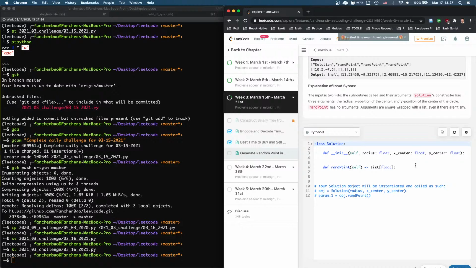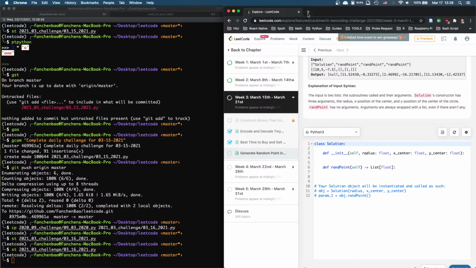Does that mean the point generated will also be random inside the circle? I have 2 solutions. One is we simply generate points in the square that encloses the circle. That's just a uniform distribution on the length and on the height of the square.